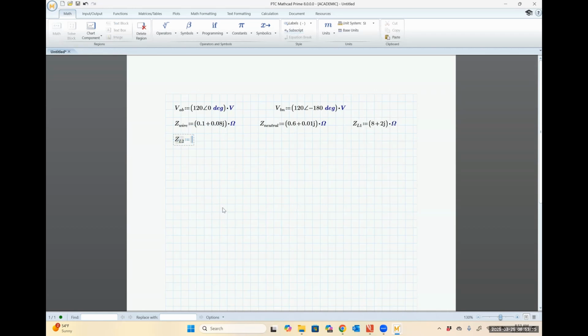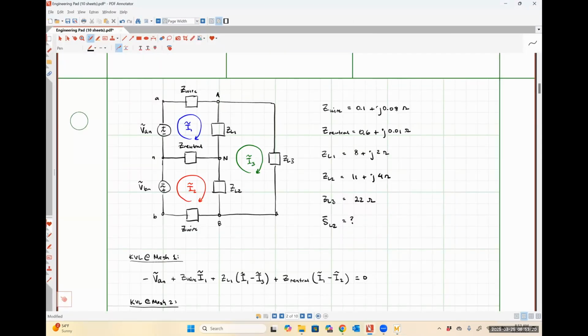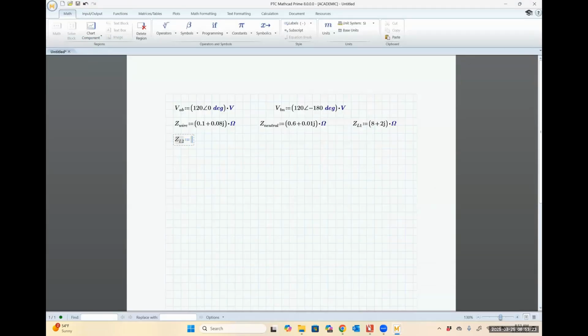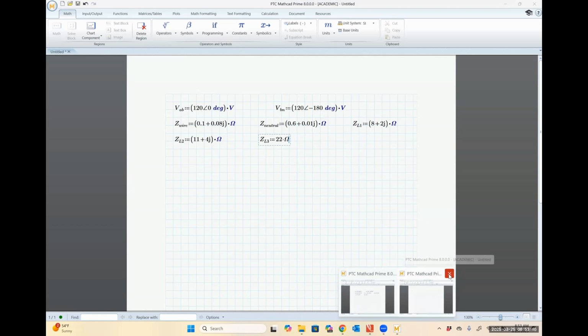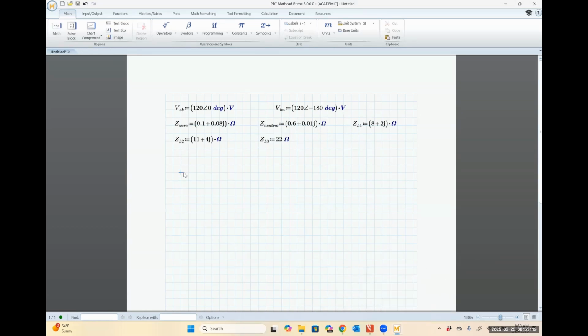ZL2 was 11 plus J4. And lastly, ZL3 was, I think, just 22 ohms. Yeah. So those are all my constants.